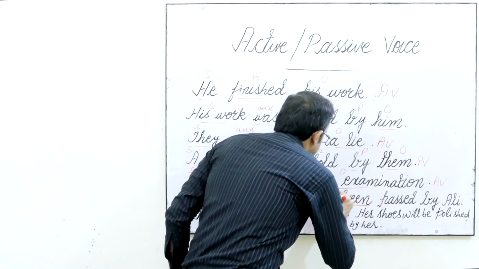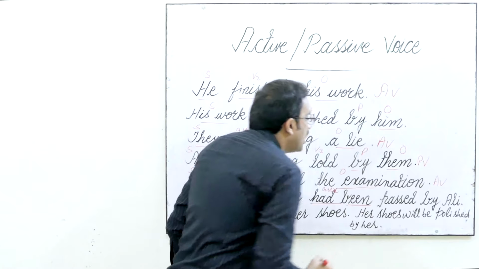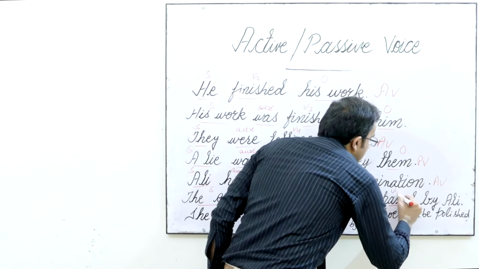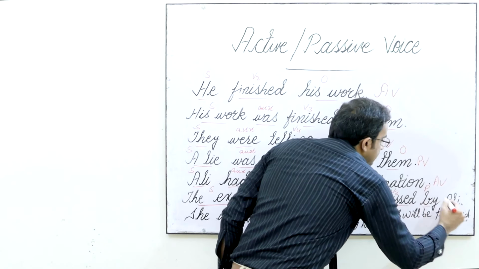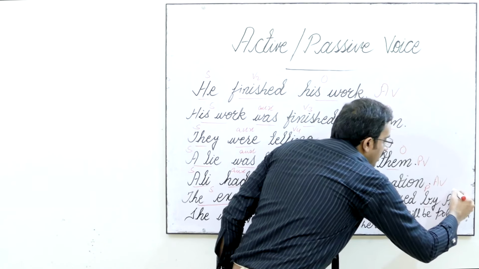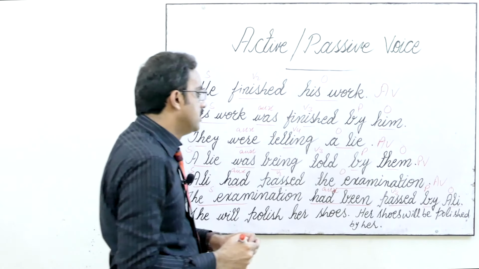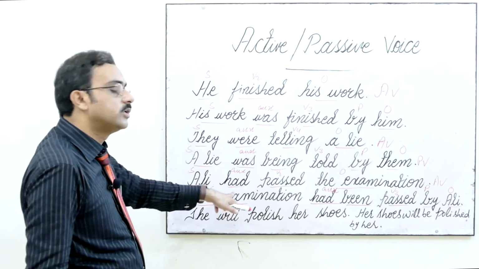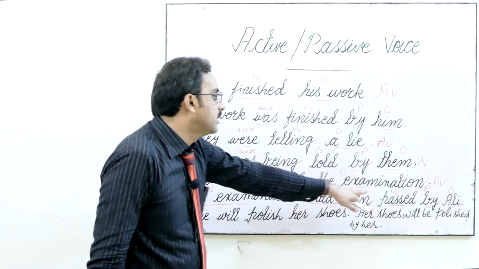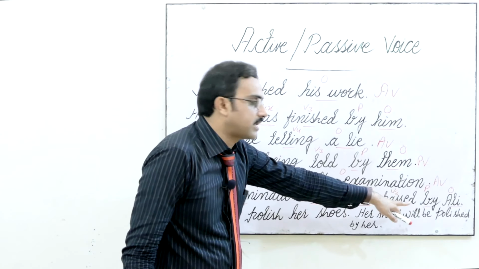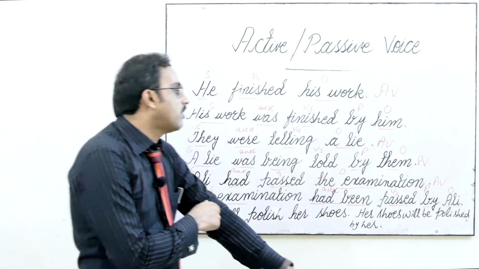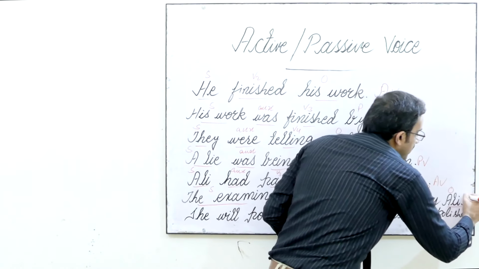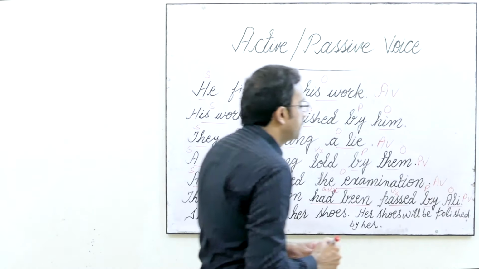Okay, been, this is our auxiliary. And then past participle means V3. And then by preposition, and Ali is now your object, which is your noun. So first of all, object into subject, then auxiliary, then third form of verb means past participle, then preposition, and then object. Now it changed active into passive voice.